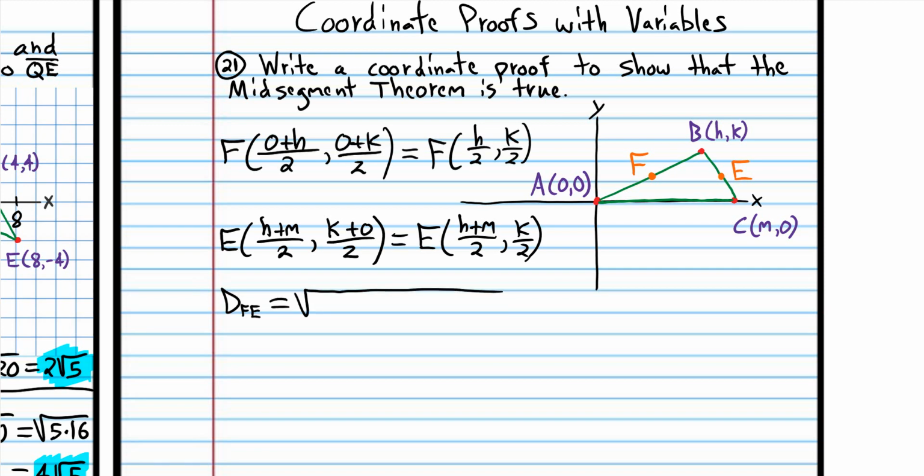So I'm going to make F point 1 because it comes first in this. So we have the square root of h plus m over 2 minus h over 2 squared, plus k over 2 minus k over 2 squared.